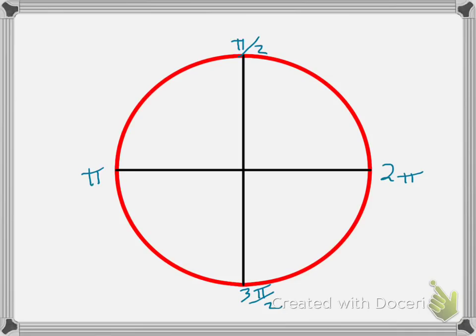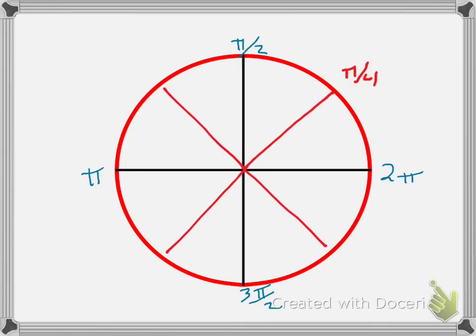Okay, so now we've talked about what if half of pi over 2 is pi over 4. So let's start counting these sizes. 1 pi over 4, 2 pi over 4, which is pi over 2 we already have.